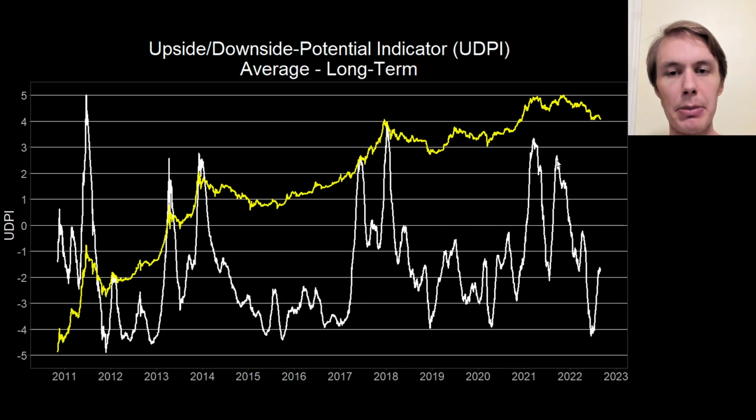But what I think is maybe most interesting about this exercise is what happened during this period, coming out of the summer of 21 into the fall. Look at how high the average UDPI got here. It's just a little bit below what was happening in the spring. It was getting close to 3, basically the same level that acted as the tops in this double top move in 2013, on average of the assets that existed then.